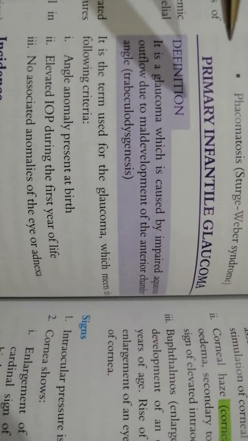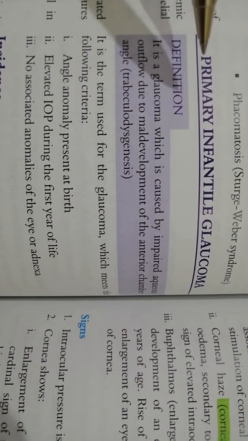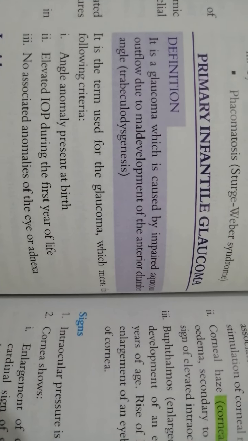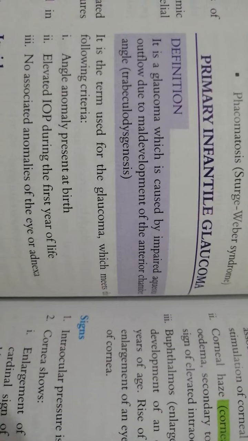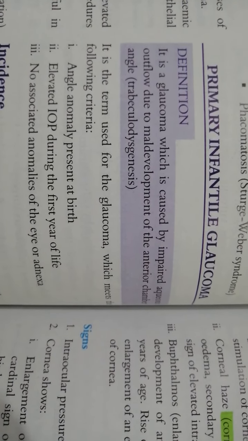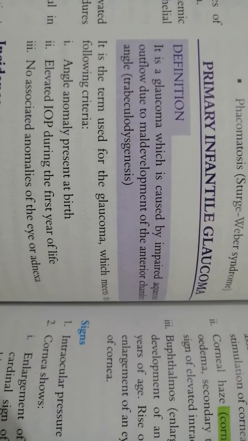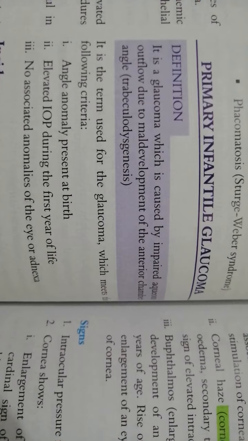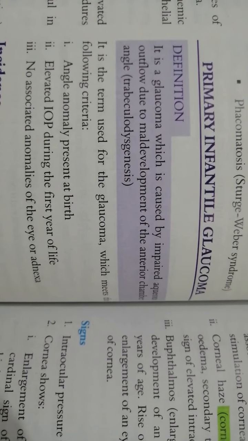I will repeat it. Primary infantile glaucoma is a type of congenital glaucoma in which the rise in IOP happens within the first 3 years of life. And this is important because during the first 3 years of life, the eyeball is still growing and therefore is capable of change. Again, I will explain this later.